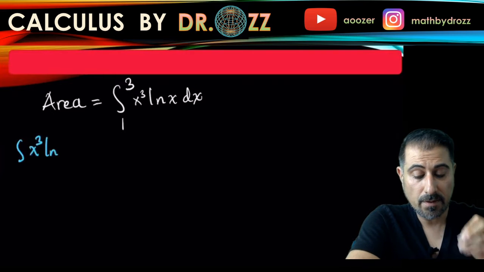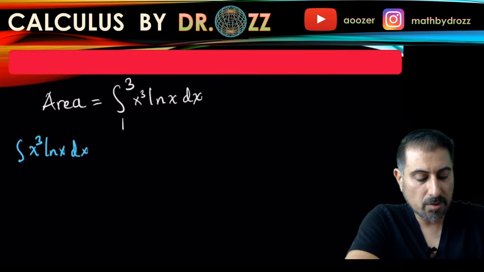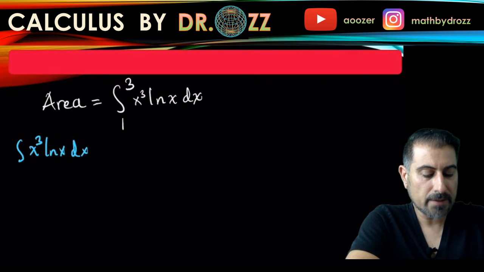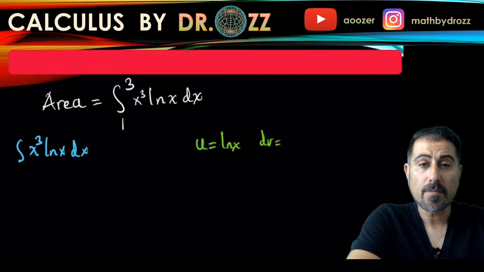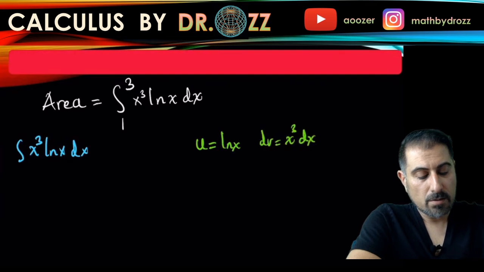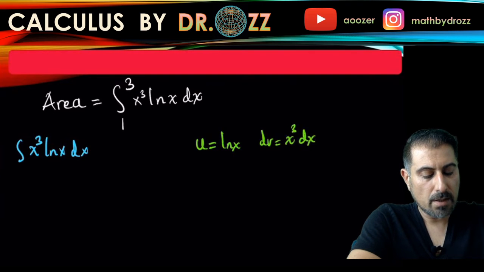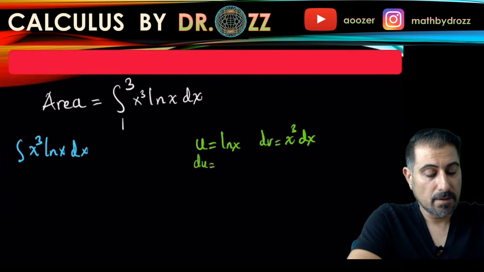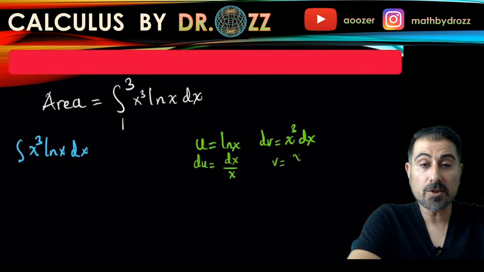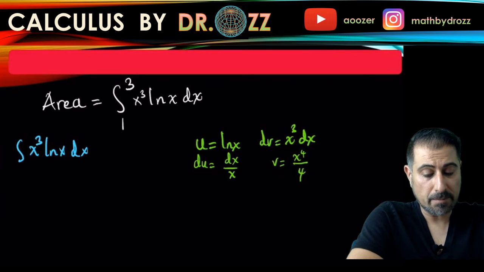As I said, u is going to be ln x, and dv is going to be x cubed dx. So du is dx over x, and v equals the antiderivative of x cubed, which is x to the fourth divided by 4.